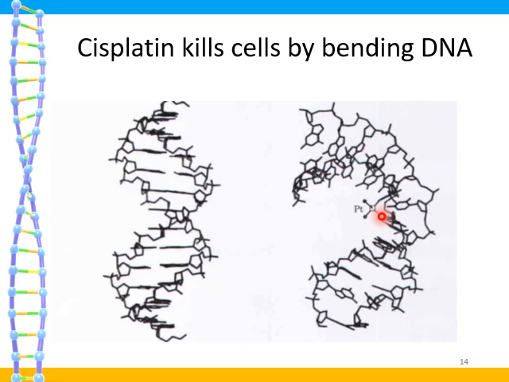They bind to the DNA, distort its structure, and make a kink in it. When the DNA loses its normal three-dimensional structure, the cell will find it defective, and the cells will go through cell death. And that is exactly what we want to happen for the cancer cells. So cisplatin kills cells by disrupting this three-dimensional structure, and that shows us that the three-dimensional structure of the DNA is very important.